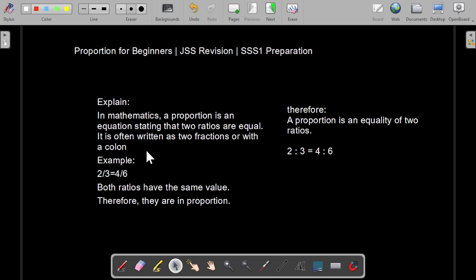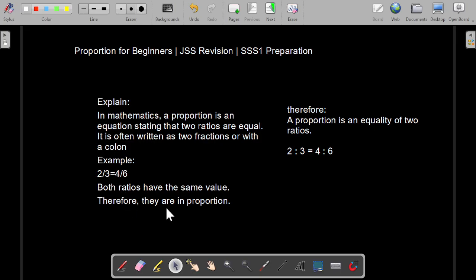Therefore, we call them proportion. 2 over 3 is proportional to 4 over 6. How is it so? You may look at this one as bigger and this one as bigger. But if you reduce it to the lowest term, you find out that 4 over 6, the lowest term is actually 2 over 3. So therefore, they are equal.